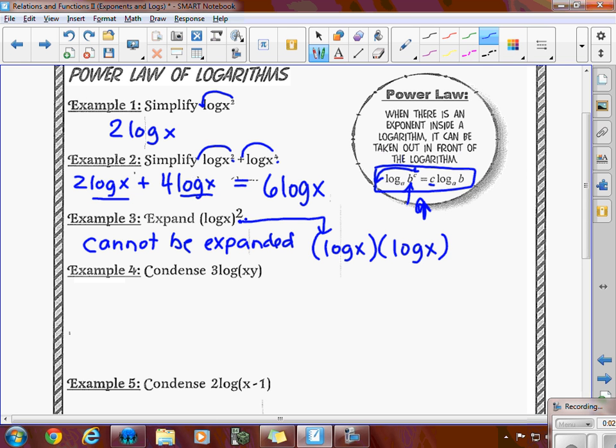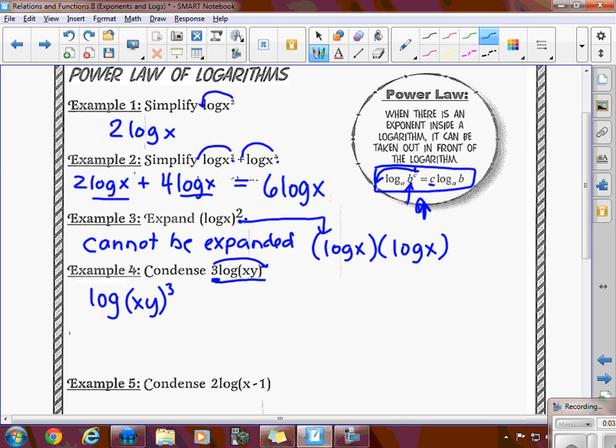The next example says condense this, maybe write it a little smaller, for 3 log of x times y. Taking the power law backwards, we know that we have a coefficient out front of 3, so I could put it back upstairs on top of the stuff, the xy. So this could turn into log of xy all raised to the 3rd power.